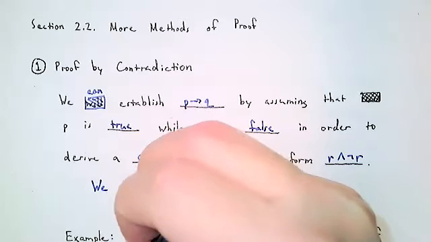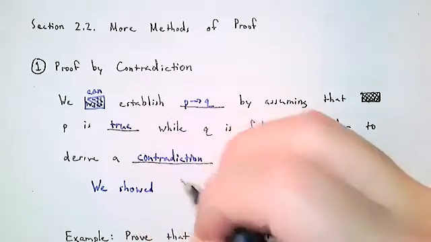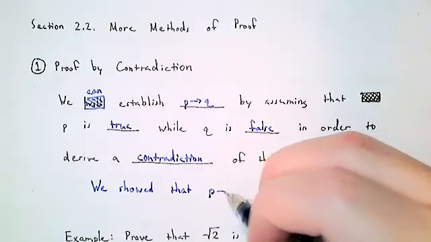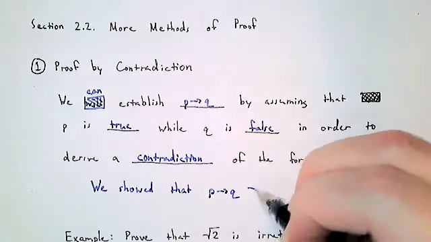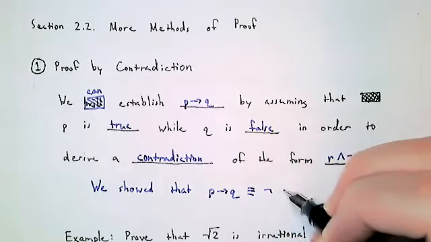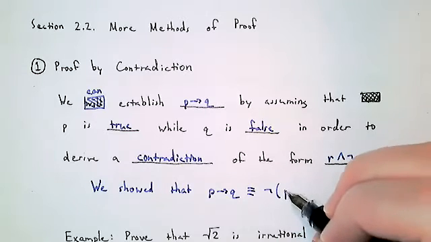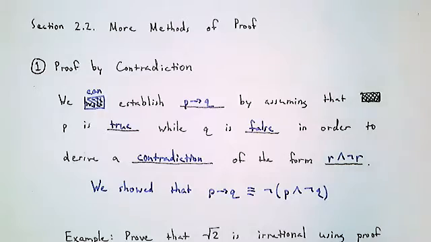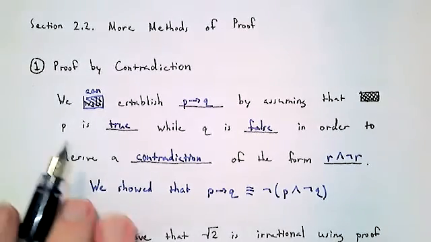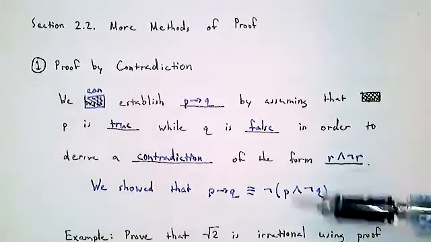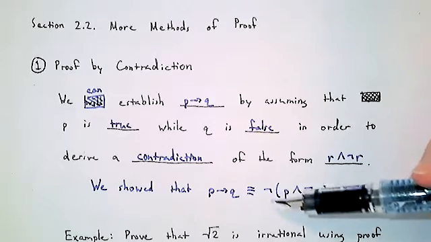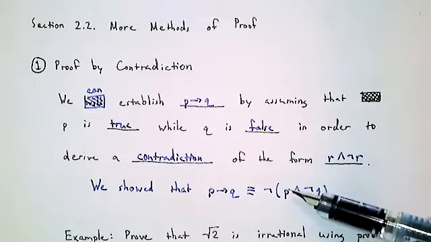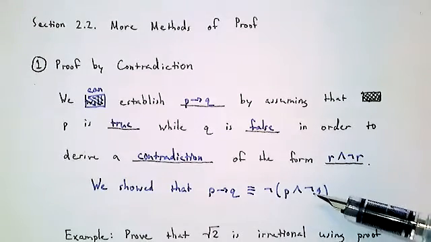We actually showed that the conditional proposition, if P then Q, is logically equivalent to the statement, it's not the case that P and not Q. So essentially what we're doing in a proof by contradiction is showing that this is a true statement by showing that it's impossible for P to be true and Q to be false at the same time.